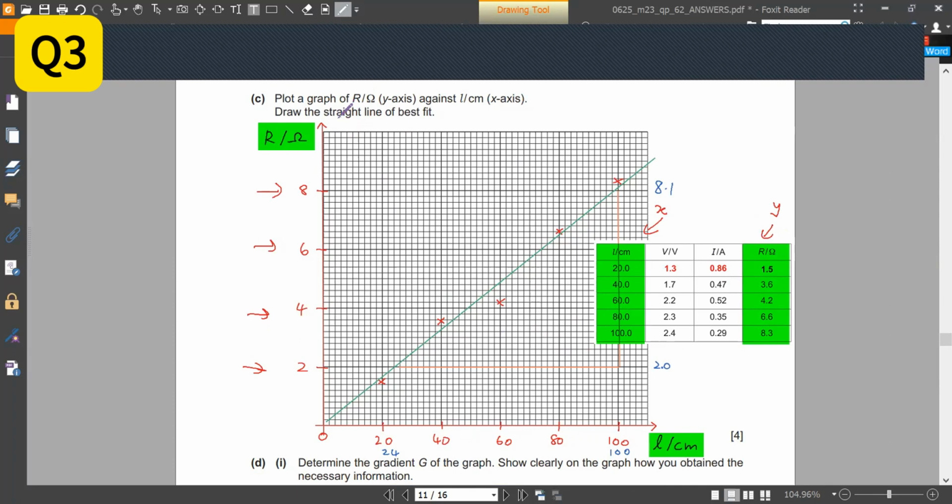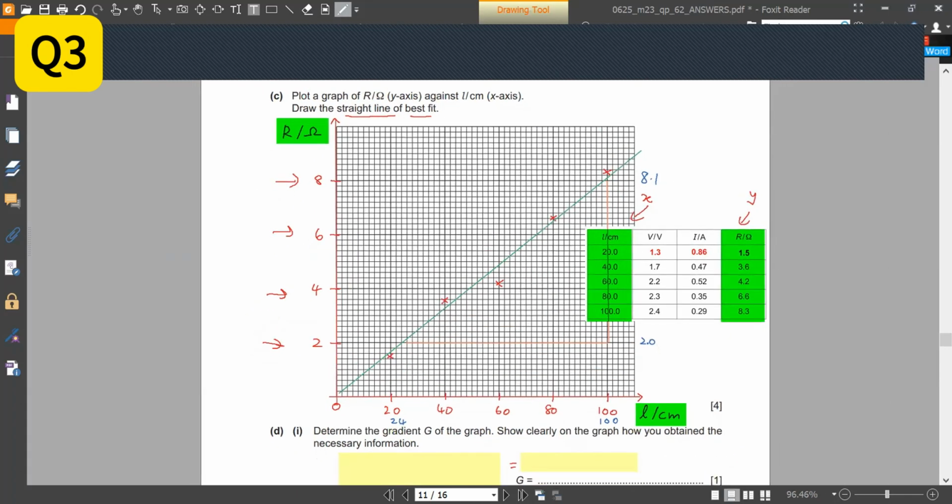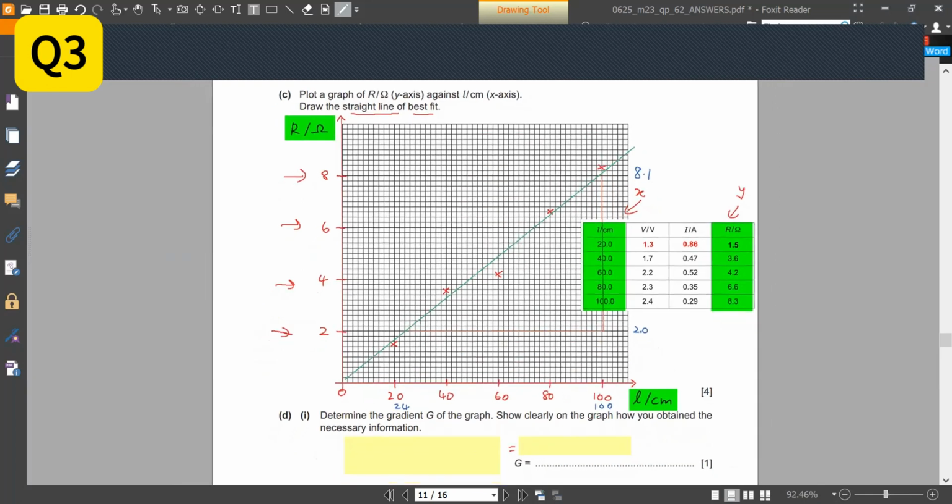Straightforward. And then draw the straight line of best fit. So the straight line of best fit will be somewhere in between all of the points. So this will be our plot. So next step, determine the gradient G. Show clearly how you obtain it.